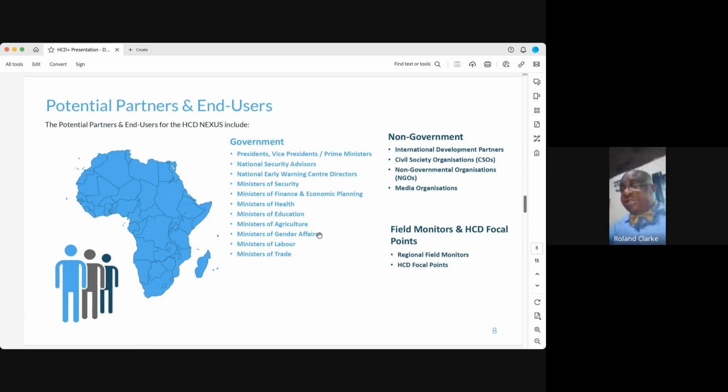Look at the end users and potential partners. We should not forget that the list could increase, but for now, what we have has to do with government and non-government institutions, field monitors, and focal points. For government, we have the president, the vice president, and in Francophone countries, we have the prime minister. The list is also based upon the thematic areas when it comes to fragility that we'll be looking at. What is key to take away is how we get these institutions to respond.